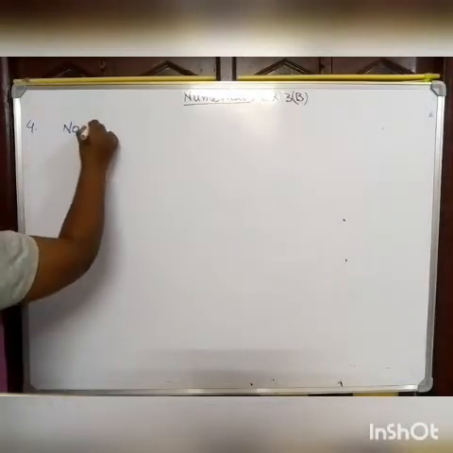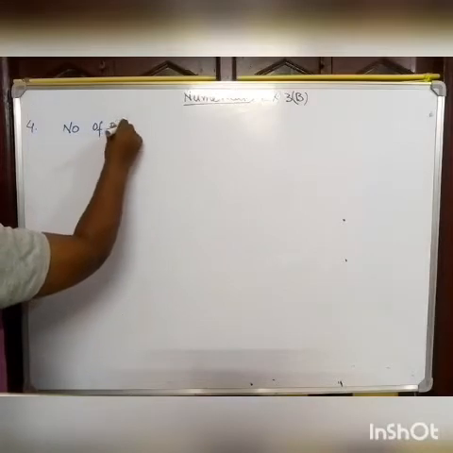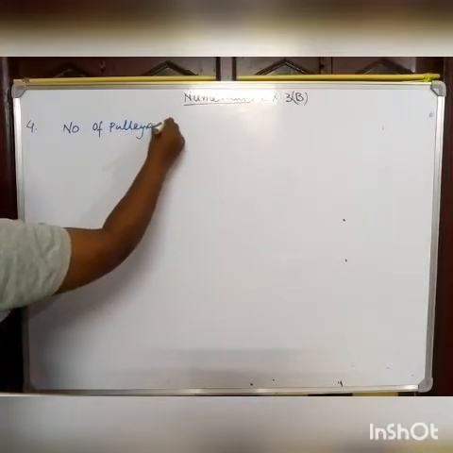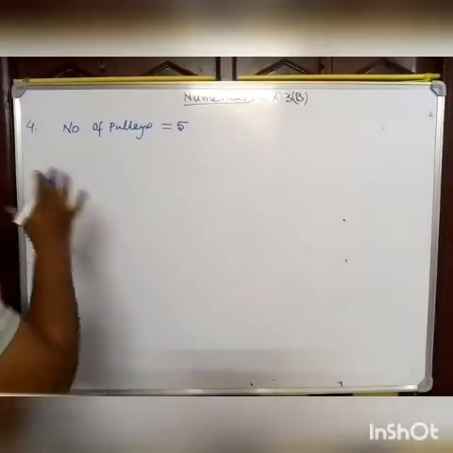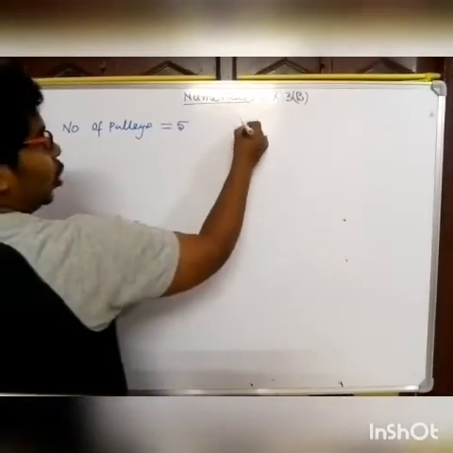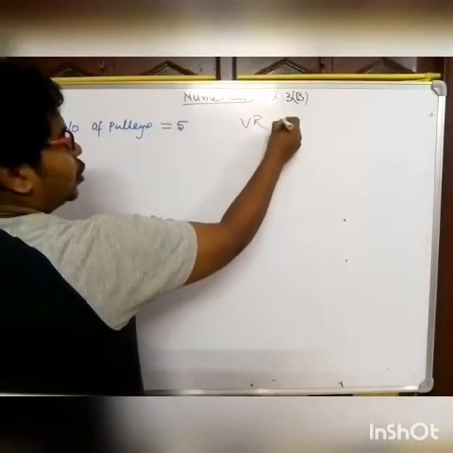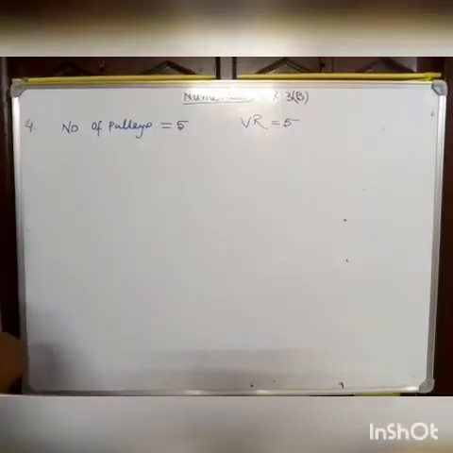If it is not the same also, then whatever is written, we have to write down. First information given is the number of pulleys, which is 5. By this statement, if the number of pulleys is given, we can understand the velocity ratio will also be 5.